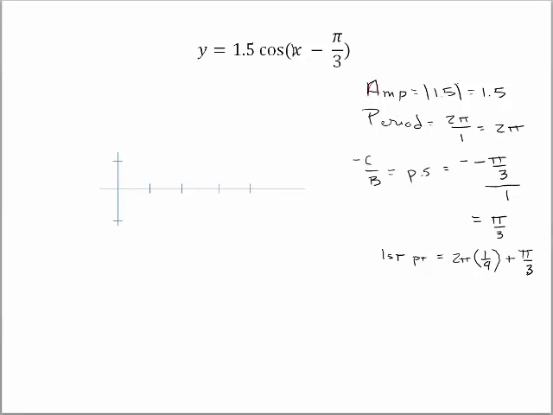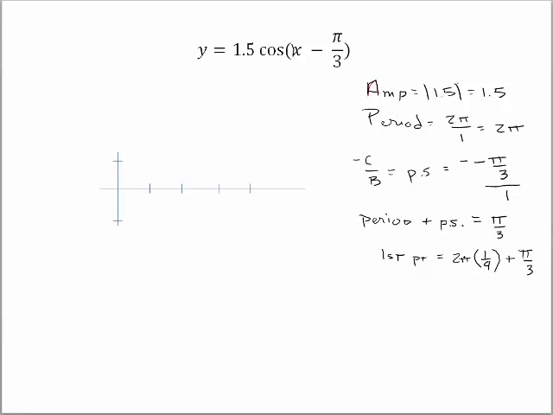Okay, so let me do that again. It is always the period times the fraction plus the phase shift. And then we use our 1/4, our 1/2, and our 3/4 to determine the 4 points on the graph.